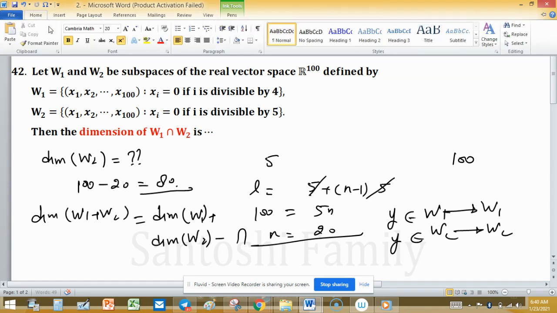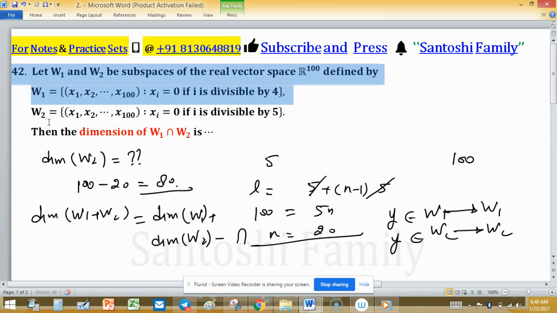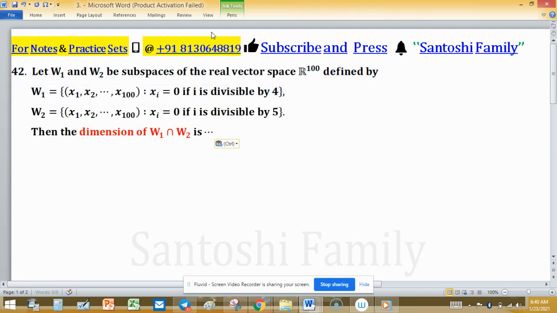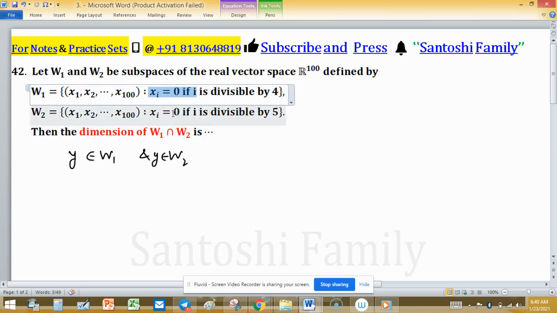So to find the dimension of the common part: y is in W1 and y is in W2, so y will satisfy the properties of both, and these are based on x_i, where the x_i are zeros. So we have to find at how many places we are restricted.